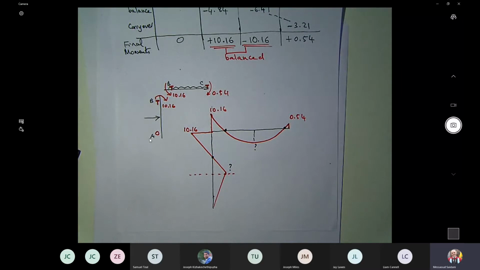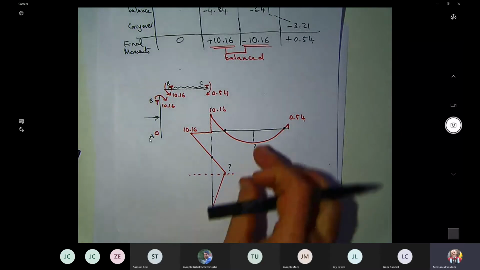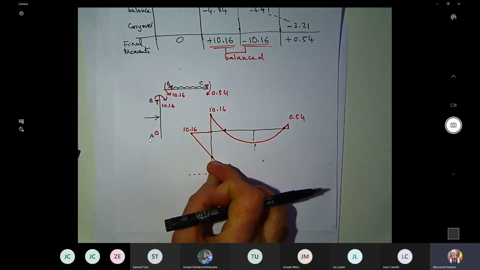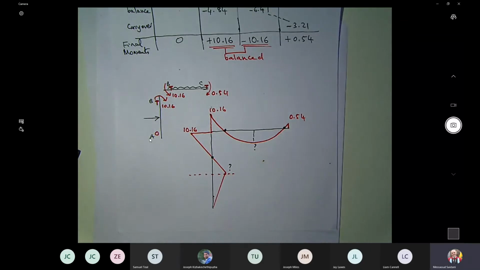So we have 1, 2, 3, 4, 5 intermediate values to determine maximum moments and points of contraflexion. Any questions? Anything at all?